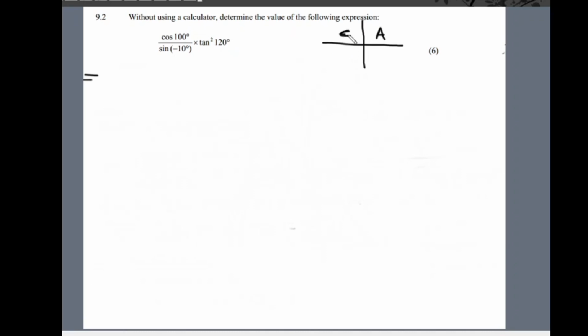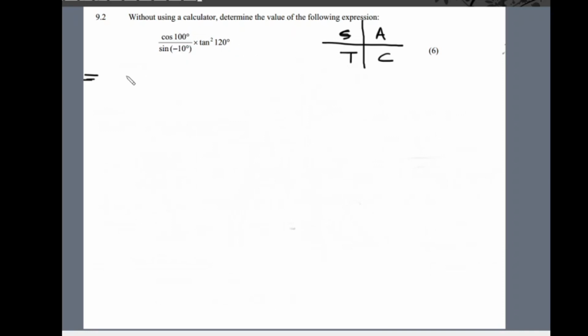Here it's sine, here is tan, here it's cos, right? And then, because I see in the denominator I have sine of minus 10 degrees, somehow I want to change this to have the same trigonometric ratio as in the denominator, because it is possible: if you look at cos 100, it can be written as a cofunction of sine.